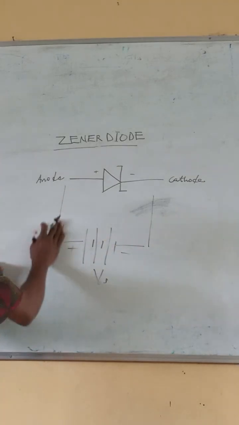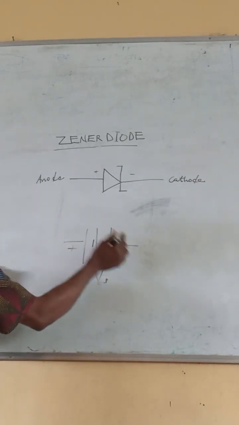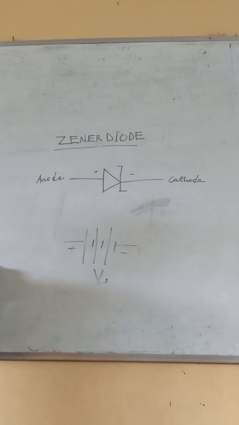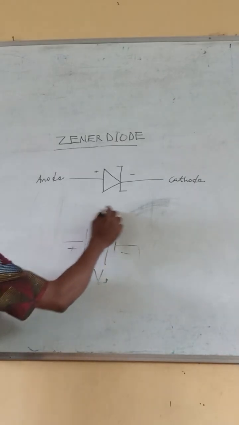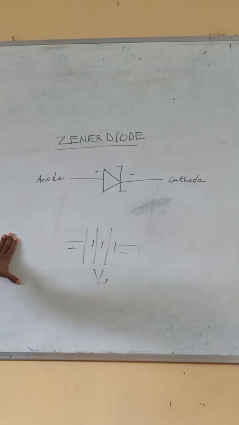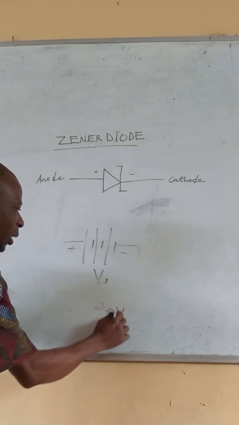When we interchange the terminals of the Zener diode, let's say we connect the negative terminal of the source to the positive of the diode and the positive to the negative of the diode, that is reverse bias. When a particular voltage is reached, which is what we call the Zener voltage, it will maintain that voltage. Let's assume the Zener diode is designed to operate at 20 volts.